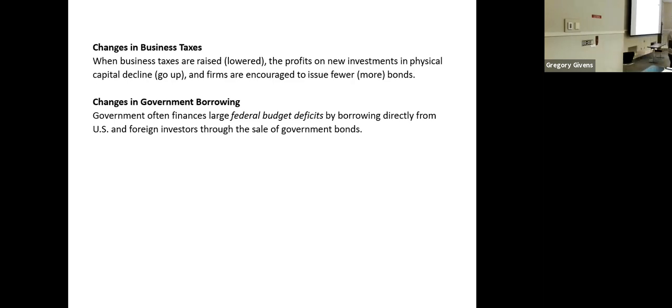But just to be clear, what is a government budget deficit? That is an excess of government spending over tax revenues. What is the primary way that the US government finances its ballooning deficit? It asks the Treasury Department to issue brand new debt, which is going to be purchased by domestic investors and also probably foreign investors, okay?